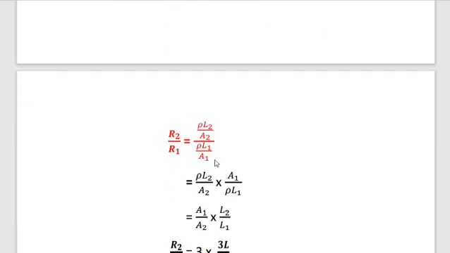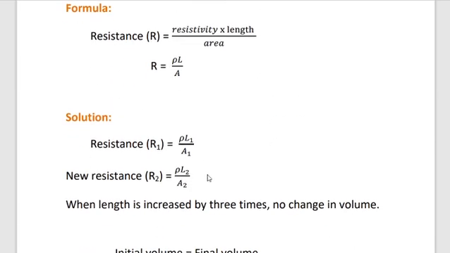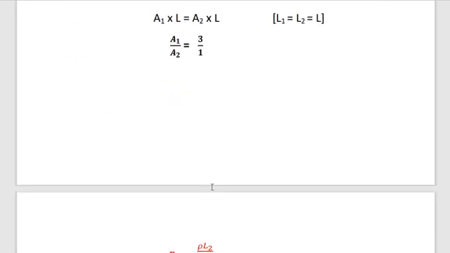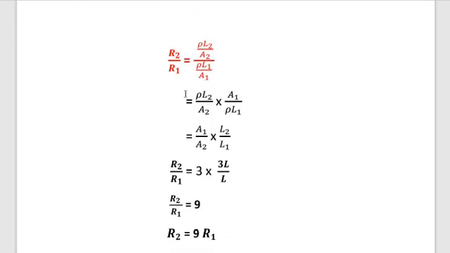Okay. Then R2 divided by R1 is equal to rho L2 by A2 divided by the R1 value, rho L1 by A1. So already we studied resistance R1, R2. So we substitute here R2 by R1. Substitute the R2 value divided by R1 value.